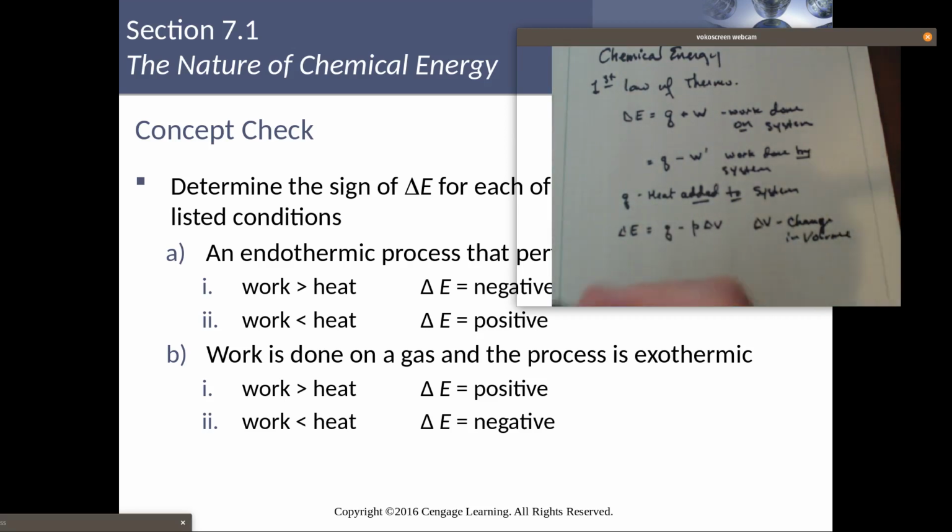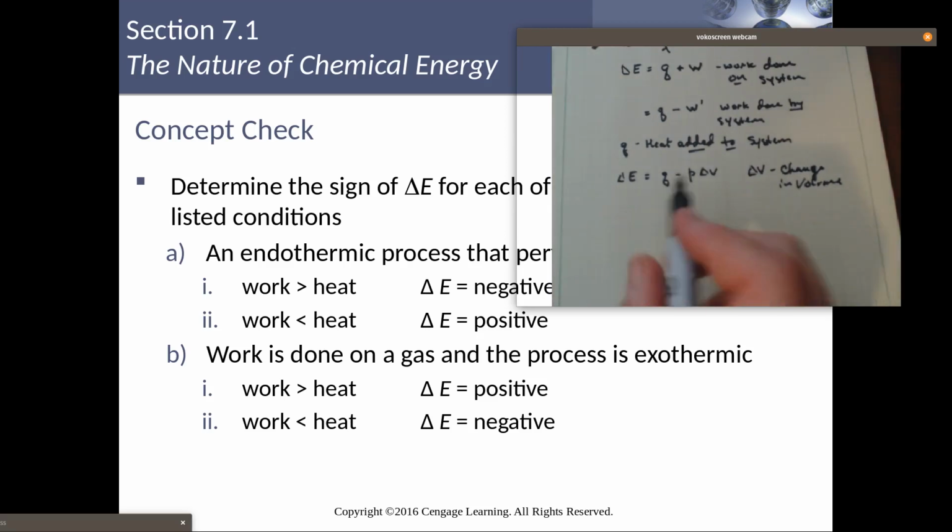Minus P dV. So I push in on the system, and this is the external pressure and the change in the volume. And again, one of the key concepts in the first law of thermodynamics is that this E is a state function.